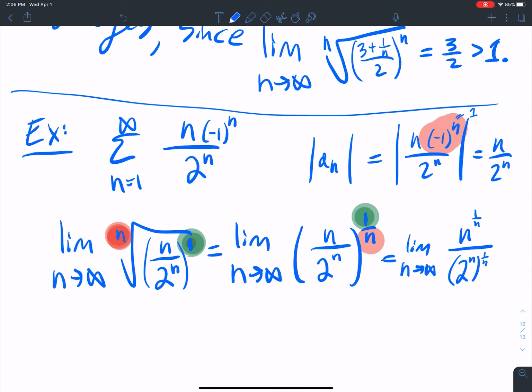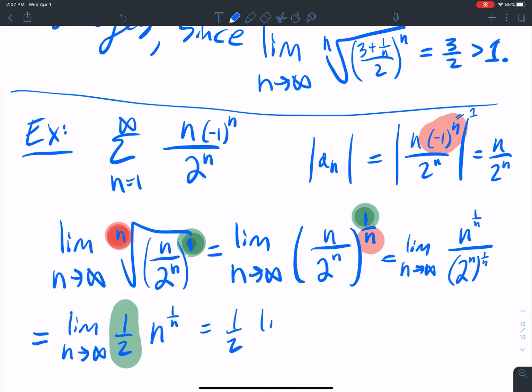Those cancel, so I just get 2. So this becomes the limit as n goes to infinity of 1/2 and then n to the 1 over n. Now this 1/2 can come out front. And so I get 1/2 times the limit as n goes to infinity of n to the 1 over n.